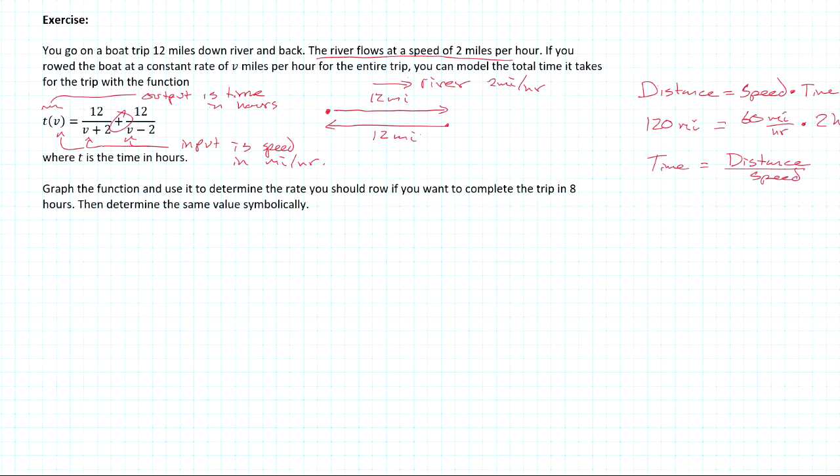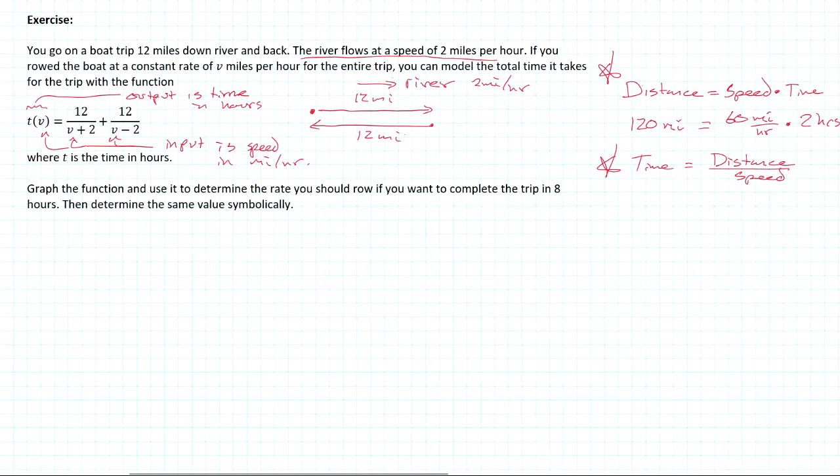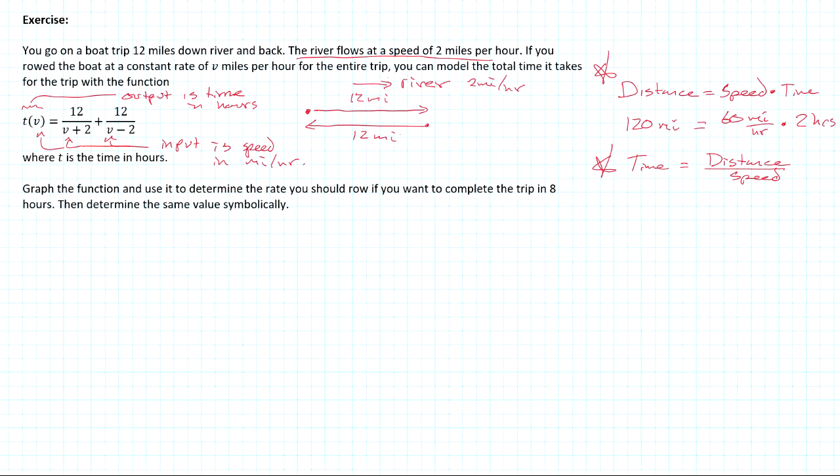We add these two times together, and that gives us the total time of the trip. So that's where this comes from. Make some good notes of how this is being put together. Definitely make note of these two equations on the right, especially if you're not familiar with them, as they are going to reappear in later parts of solving rational equations.